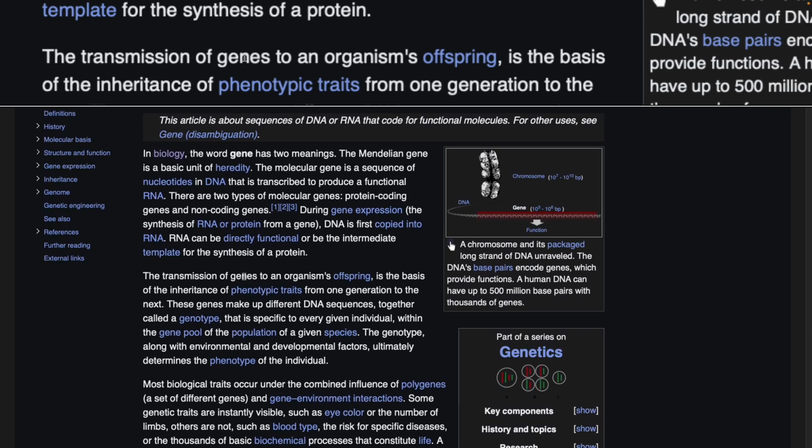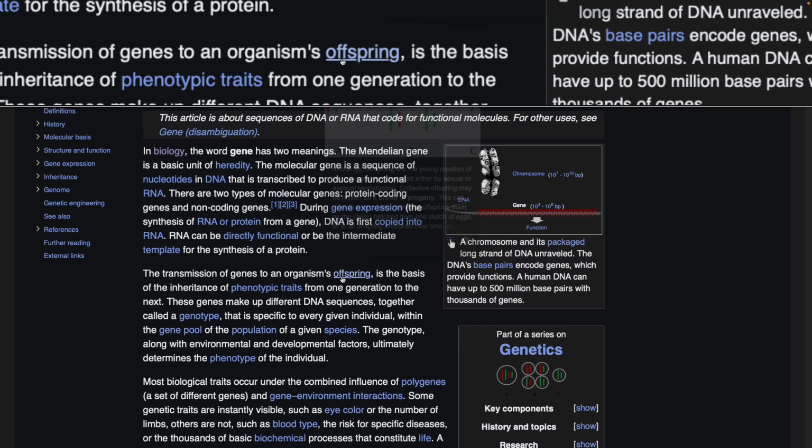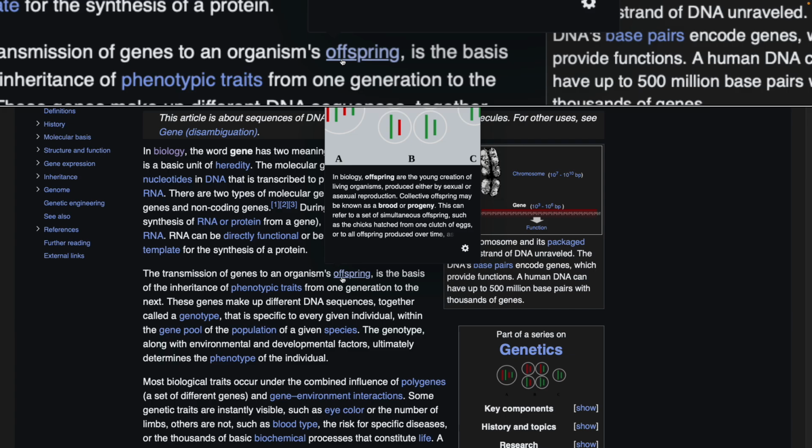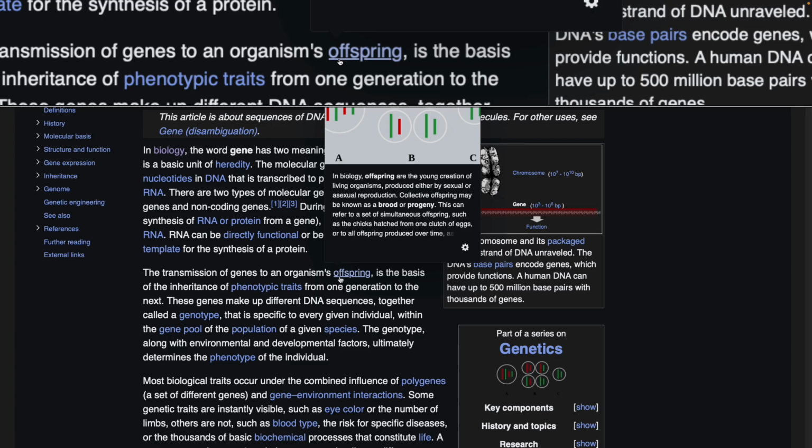The transmission of genes to an organism's offspring, which is like the young creation of a living organism. A simple example would be your parent: you are the offspring of your parents. A cub is the offspring of a bear. I guess when cells replicate, the newly created cell is the offspring.